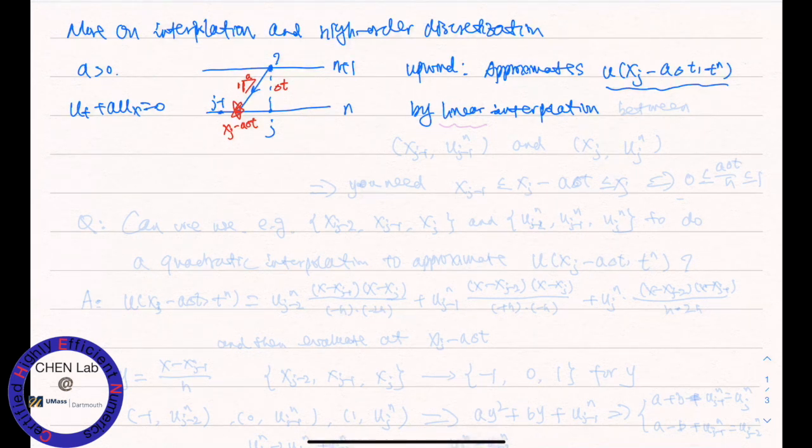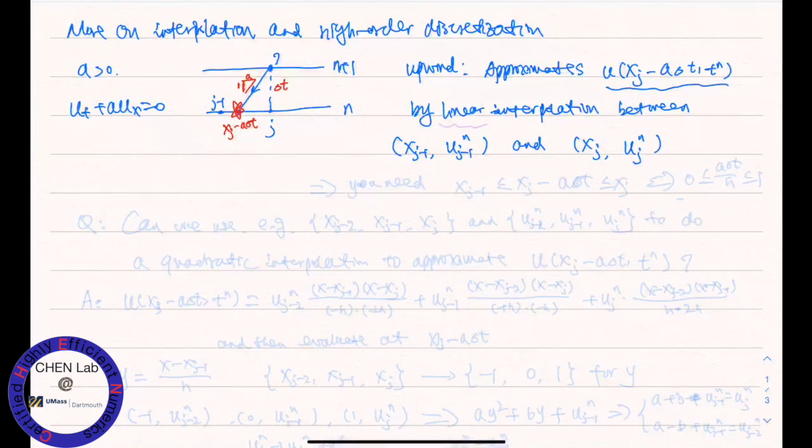Here in particular, we took a linear interpolation between xj minus 1 and the corresponding value uj minus 1 n, time level n, and xj, uj n, location and the function value. So you write a point slope form, then you evaluate at xj minus a delta t, you get exactly the upwinding scheme. You can revisit the last video, okay?